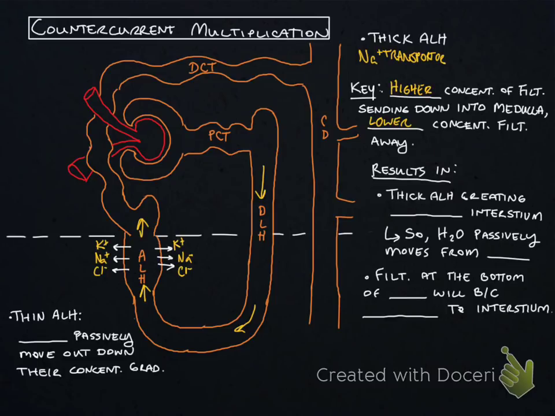So let me say that again. The higher the concentration of filtrate that is being sent down into the medulla, the lower the concentration of filtrate that is going to be sent away or back up into the distal convoluted tubule. This results in the thick ascending loop of Henle creating a hypertonic interstitium. A hypertonic interstitium.